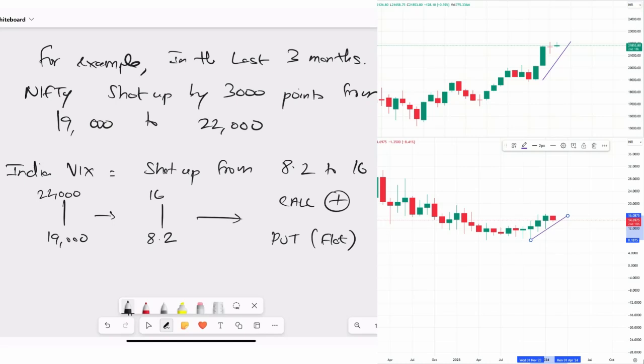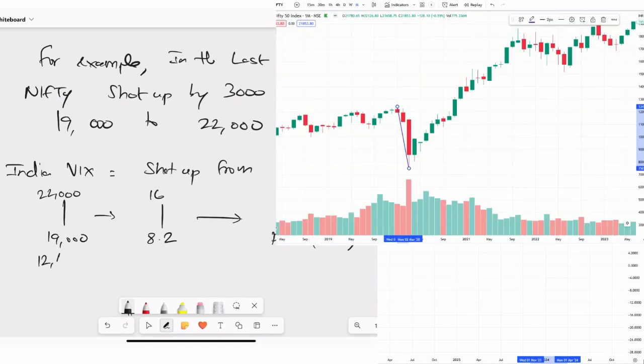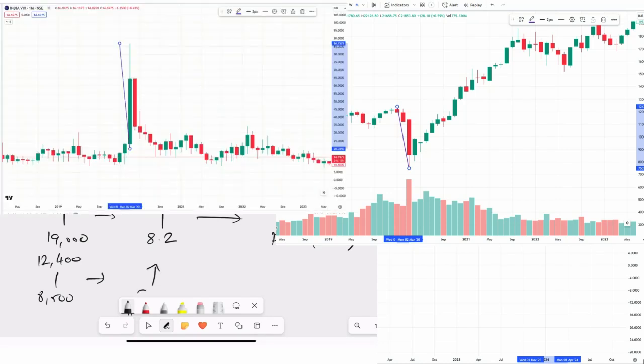Likewise, during COVID, what happened is when Nifty fell from 12,400 to 8,500, India VIX shot up from 20 to 86.5. And in this case, during the bearish market, the call option premiums were flat and put option premiums were increasing till expiry.